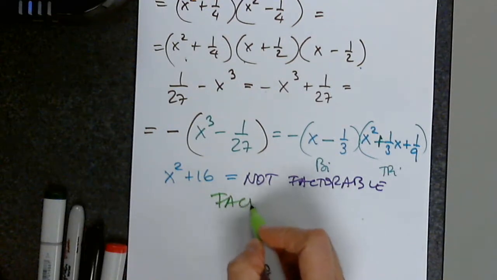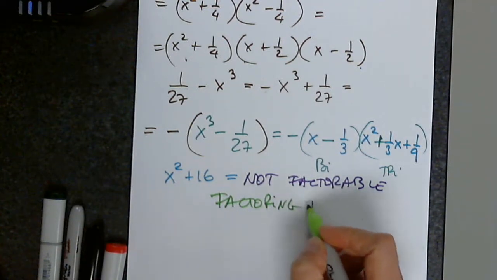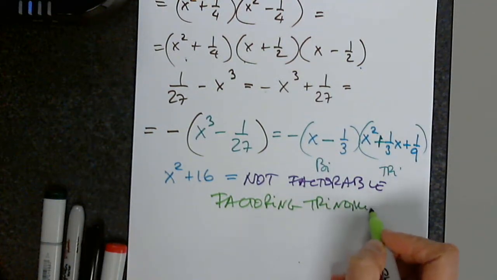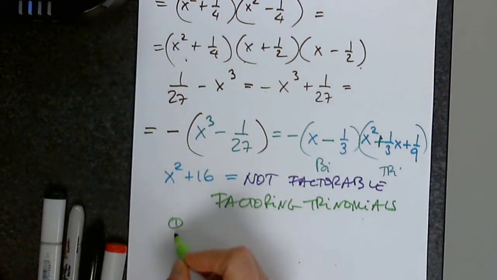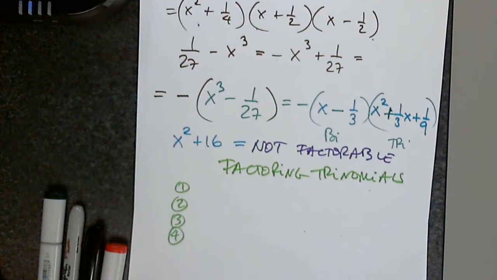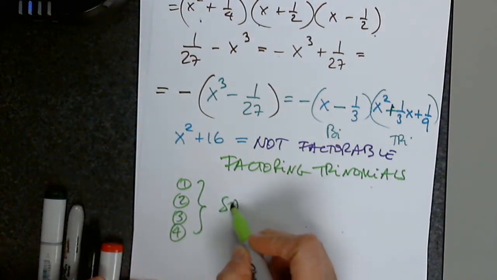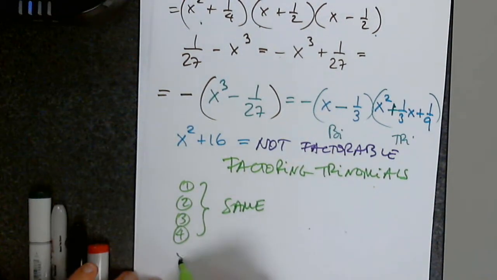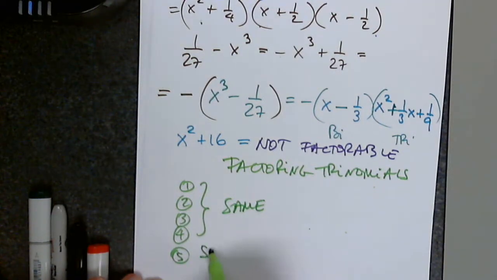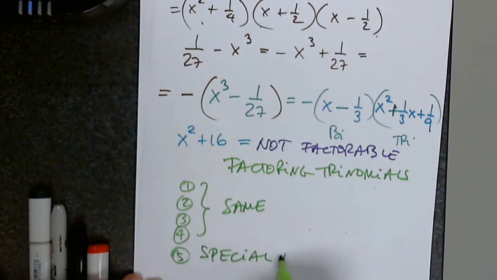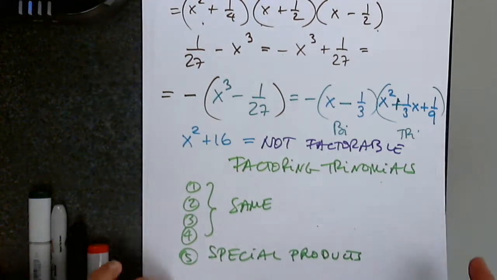Okay, we're moving on to factoring trinomials. 1, 2, 3, and 4 are the same. 5, special products. But as you know, we only have 2 here.